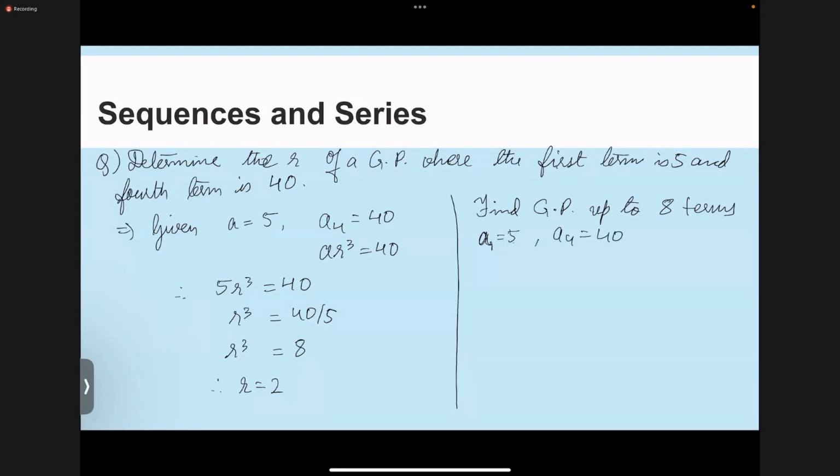So let's find the GP up to 8 terms. So you will have A2, this is 5 into 2, so that is 10. A3 is equal to 10 multiplied by 2, 20. A4 is given, so A5 is going to be 40 into 2, that is 80. A6 is 80 into 2 is equal to 160.